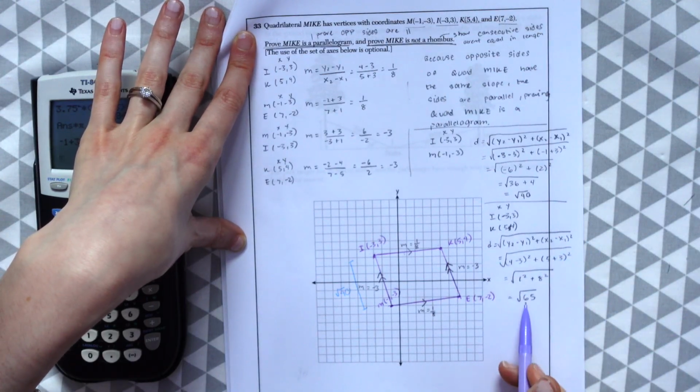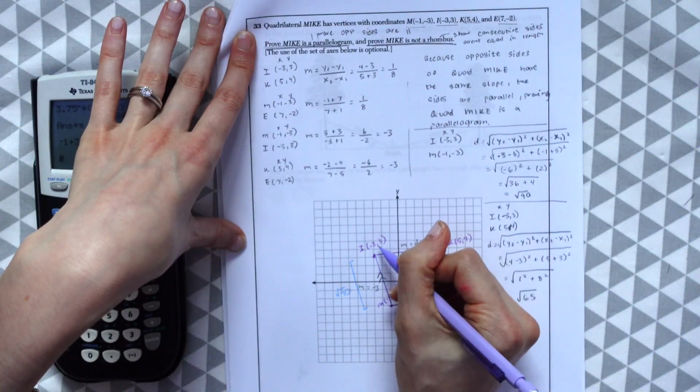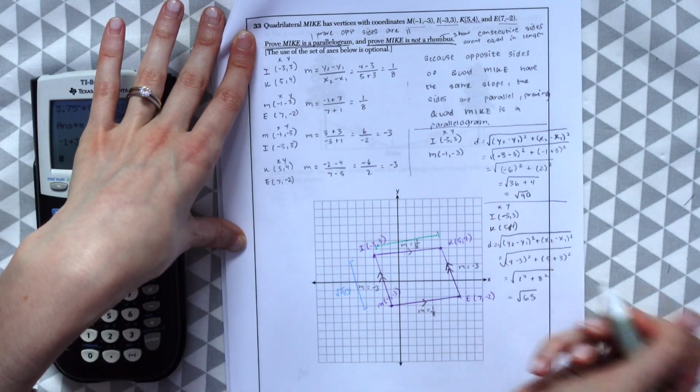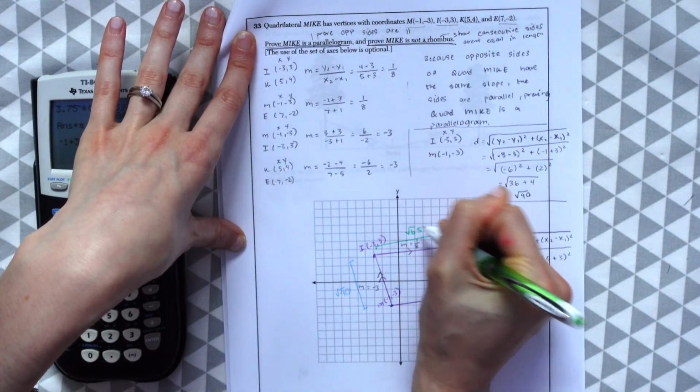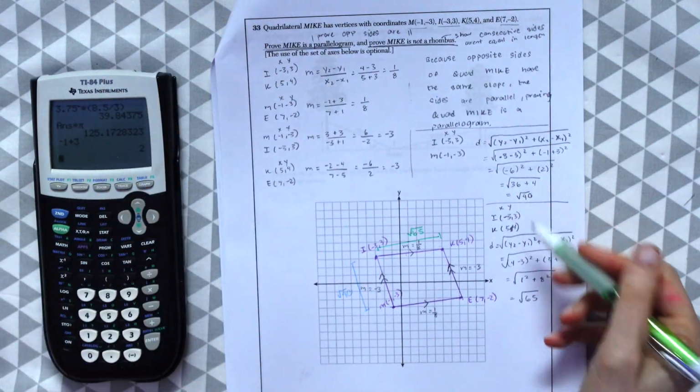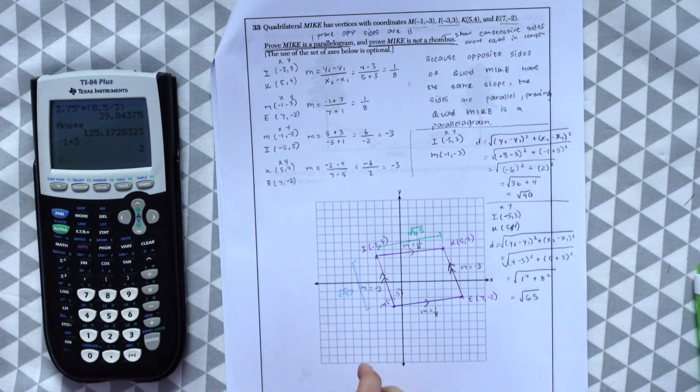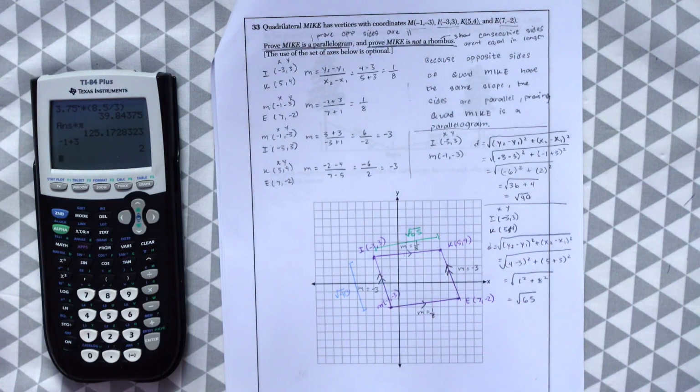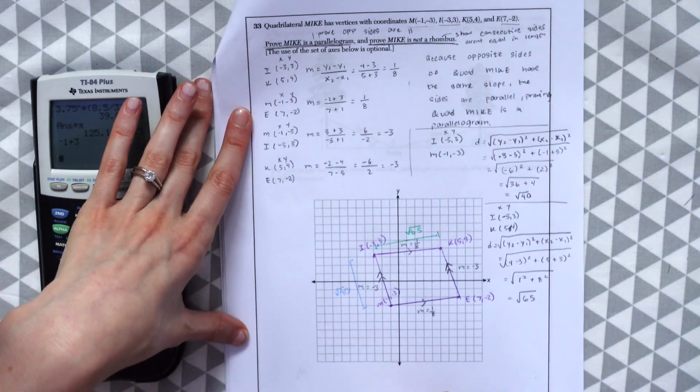So you can see this is going to be radical 65. So IK, this length, is radical 65. So we can see that this is not a rhombus because these two values are not equal, and we need to write something up about that. So I'm going to put it on the side here.